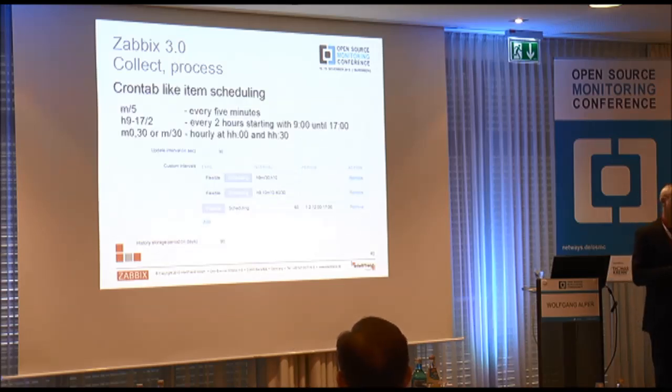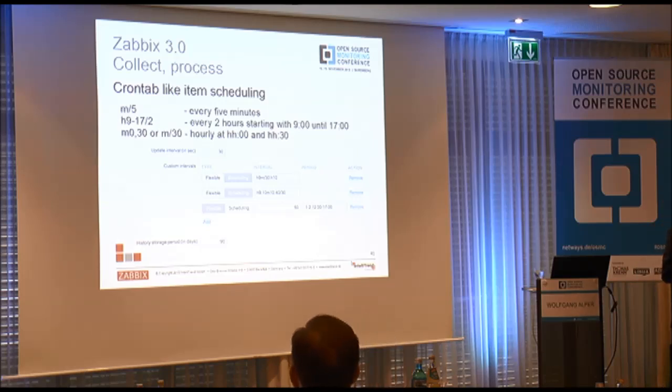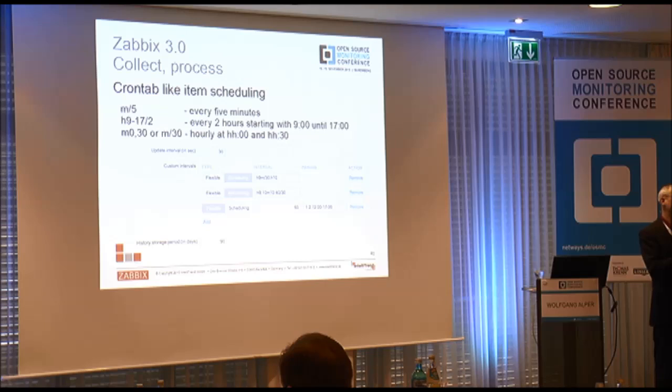The concept of item scheduling: if the server queries items from the agent, or the agent is sending items over, you have the option to define a flexible interval, where you say that every 30 seconds between 9 in the morning and 7 in the evening, you can do this sort of thing.